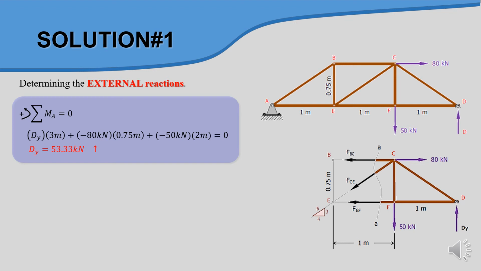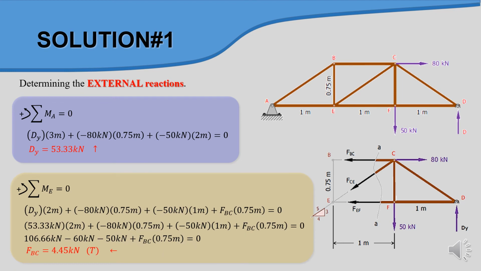By using this method, we only have three forces: 80 kilonewton, 50, and DY. From there we can calculate and get the value of DY. In this case, we have 53.33 kilonewton, and the direction is upward.